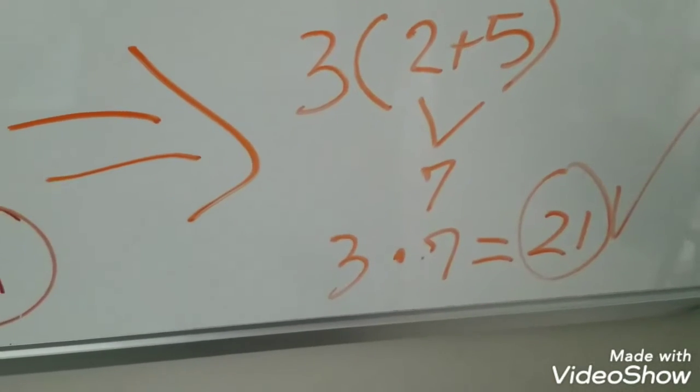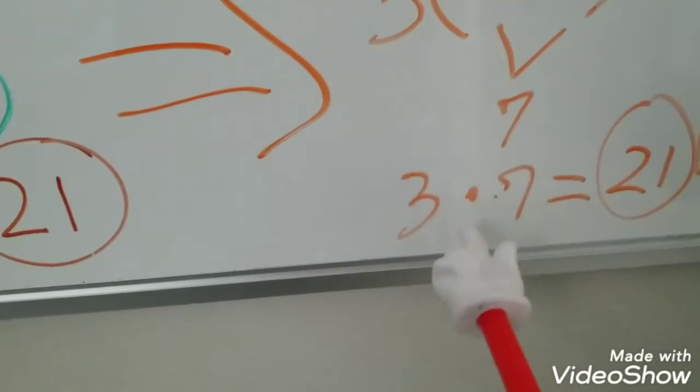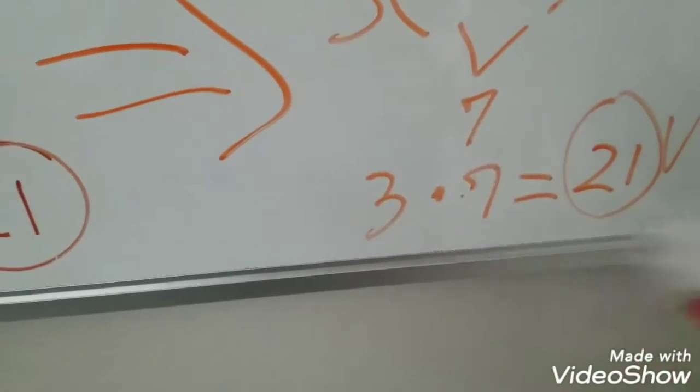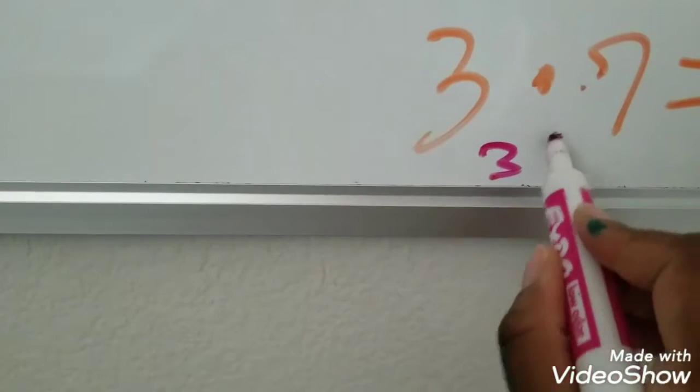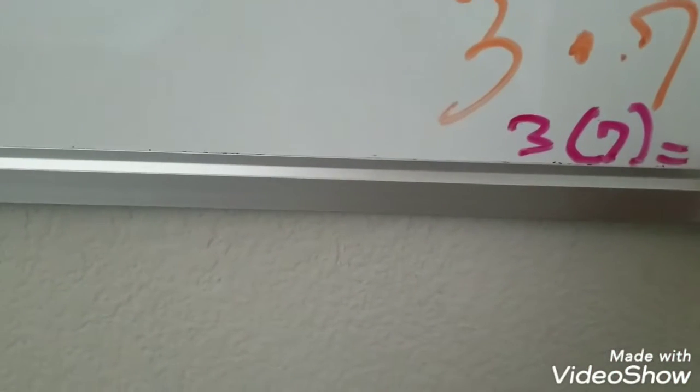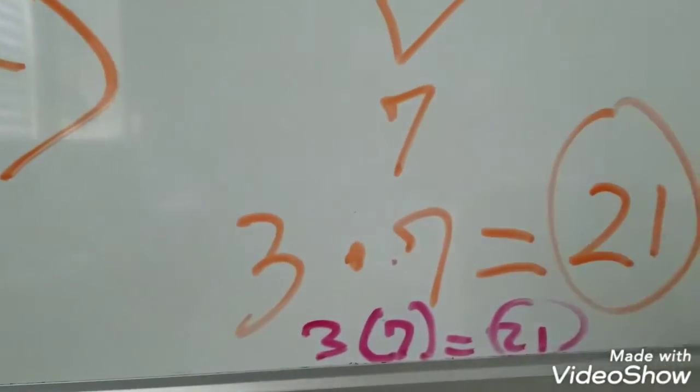Now we bring down our entire problem. We bring down our 3, and that gives us 3 times 7. Another way I could have written this, if I were to bring down my parentheses, would have been 3 times 7, right? Either way means the same thing, 21.